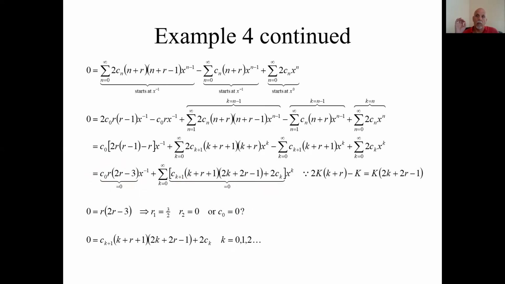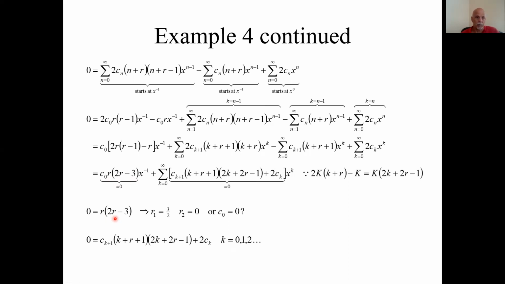But that never happens with a Frobenius series. That first coefficient, c sub 0, is never 0 in a Frobenius series. We're going to set it to 1, but we can't set it to 0, which means this other part must be 0, which gives us a quadratic equation.